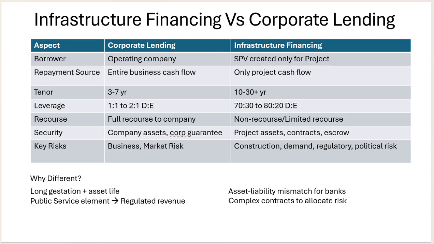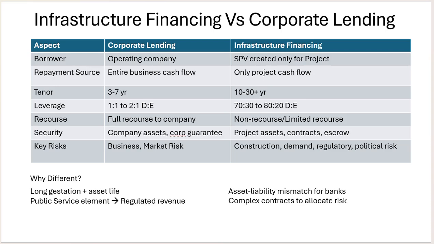Next, the repayment source. In corporate lending, the entire business cash flow, that is, the profit the business generates, is the repayment source. But it is different for infrastructure financing. It is only the project cash flow of the infrastructure, how much cash flow is generated by that infrastructure, that is the source of payment in infrastructure financing.